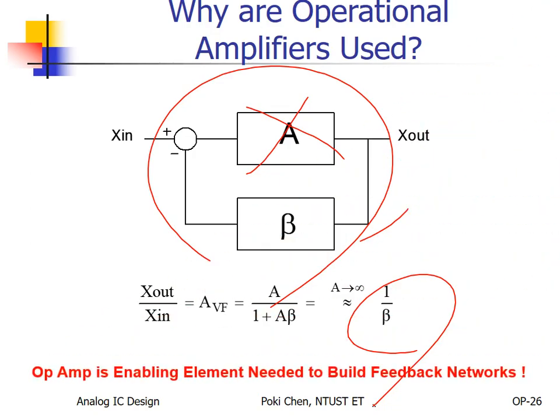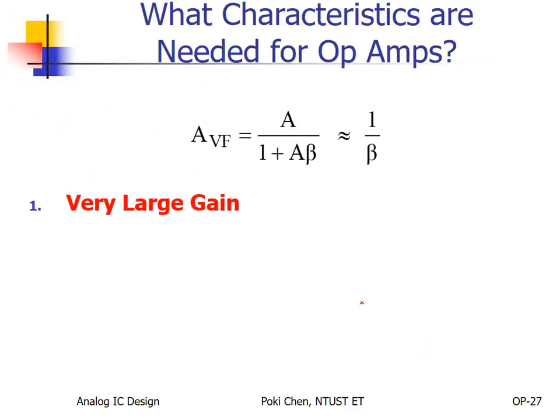So the op-amp is usually applied in such kind of negative feedback loop. And the only requirement, just like here, is high enough gain, as high as possible. So the most fundamental requirement for an op-amp is very large gain.